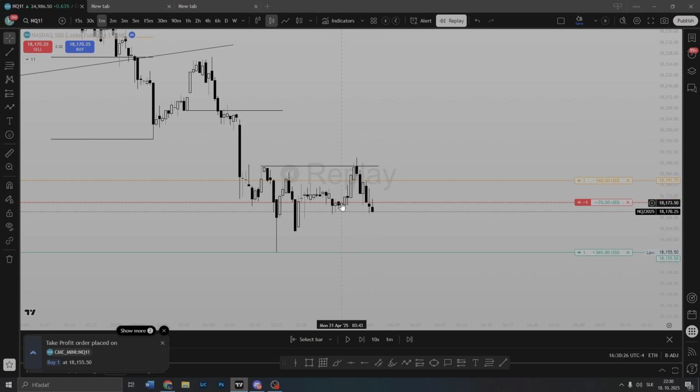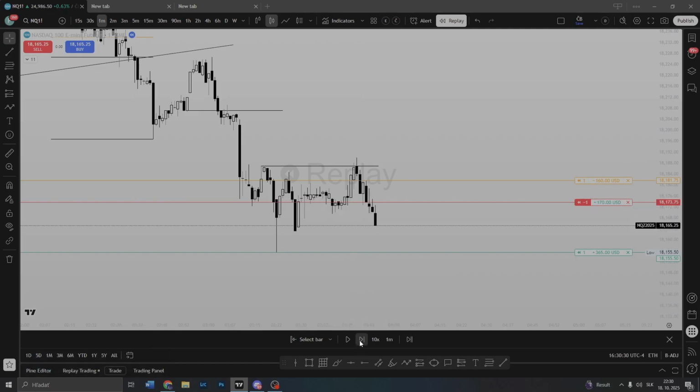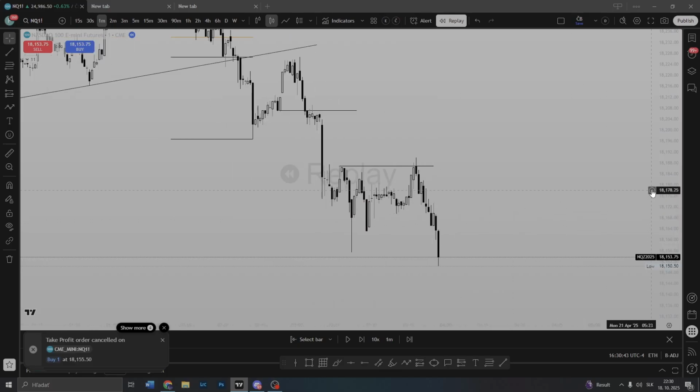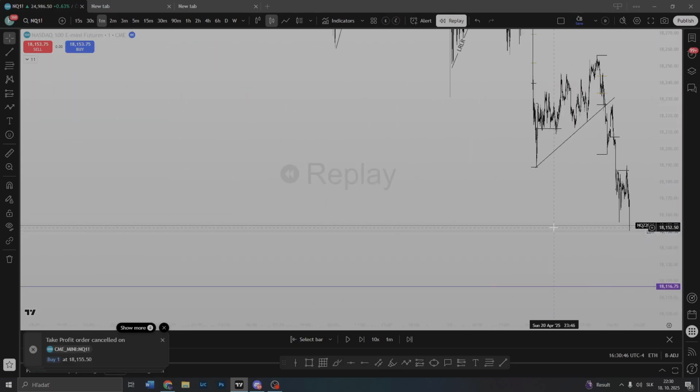Now we're retesting the CISD on the left. Another confirmation, order block. There we go.